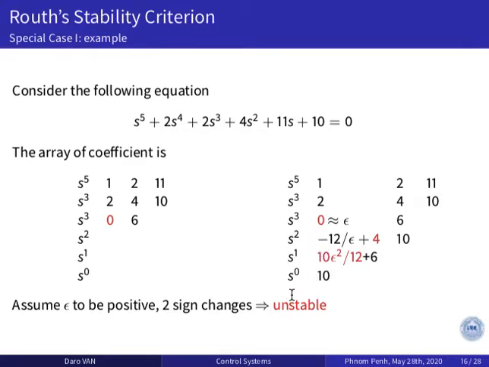There are two sign changes. Positive, negative, negative, positive. So in this case, it is an unstable system.